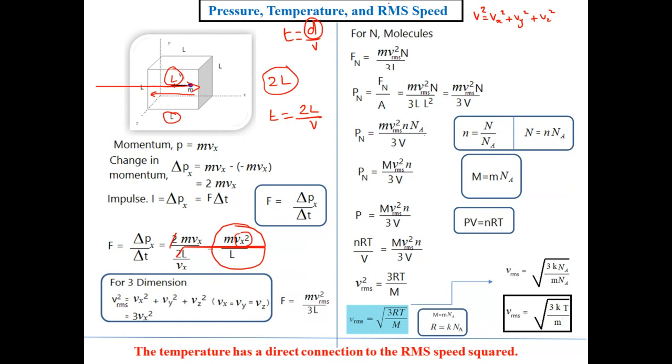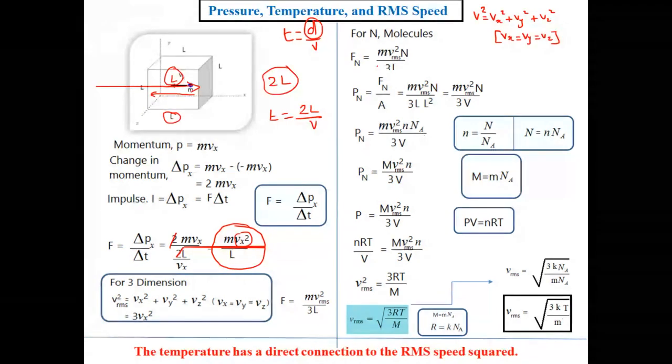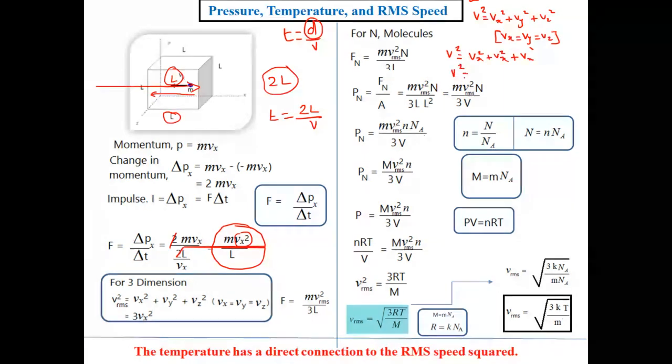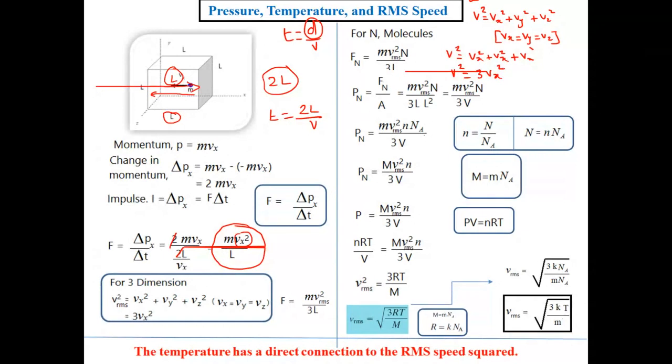So I can write Vx equals Vy equals Vz. So my equation V squared becomes Vx squared plus Vx squared plus Vx squared, which is equal to 3Vx squared. Therefore, my Vx squared is equal to V squared over 3.